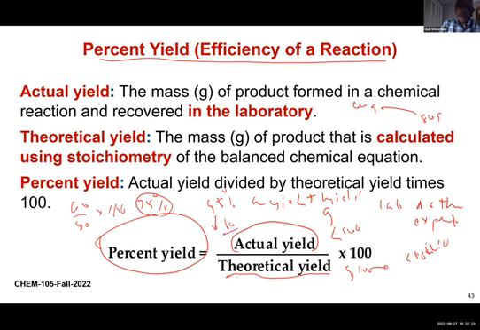So yield also shows how efficient you are at doing the reaction. It also depends on the type of reaction. Certain reactions have byproducts. Therefore, you don't get 100% yield.